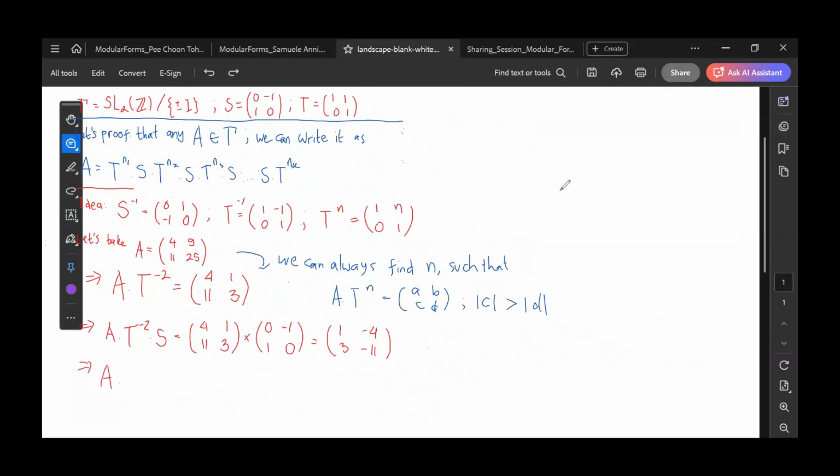We can then multiply this again with some T to the power of n, right? So this should be 1 3, -4 1, n.